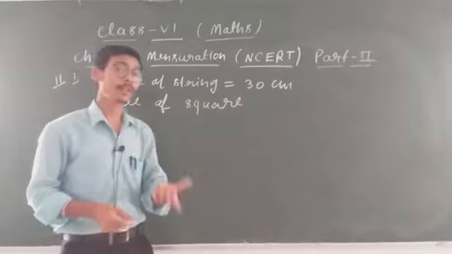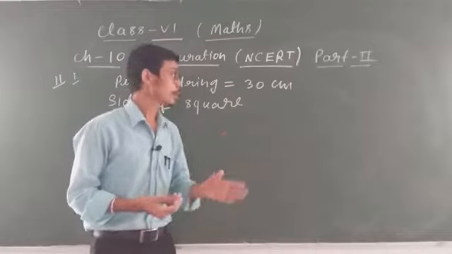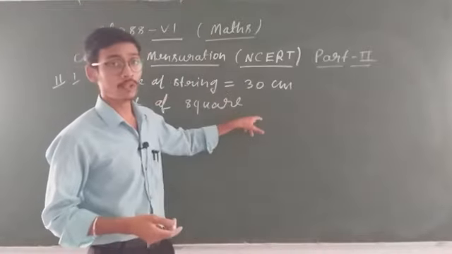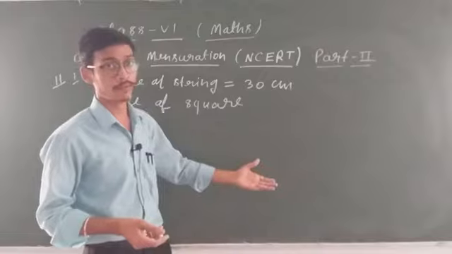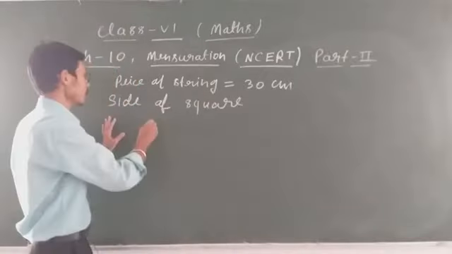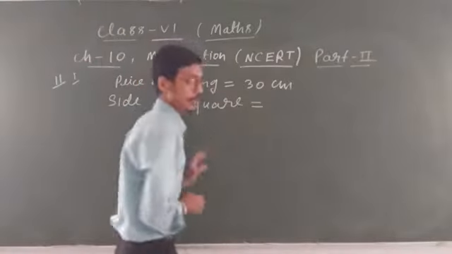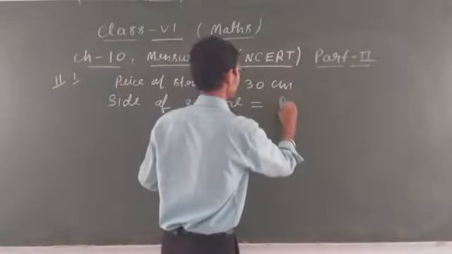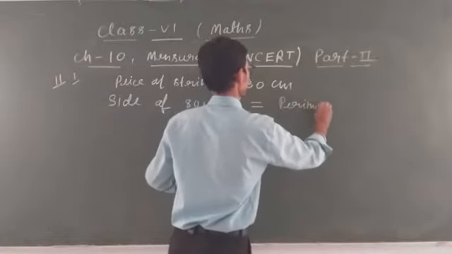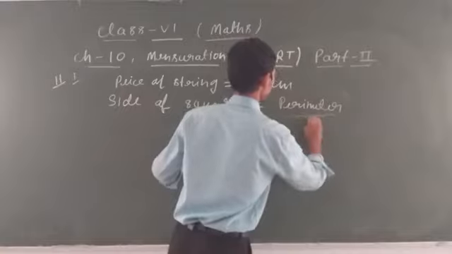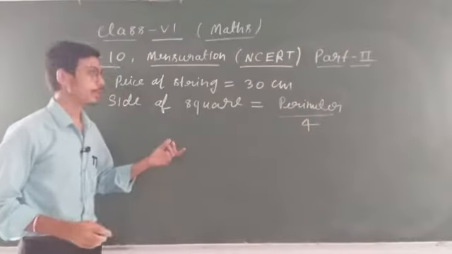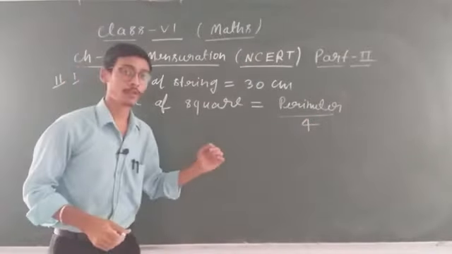You know that the perimeter of a square equals 4 into side. So side of square equals perimeter divided by 4.